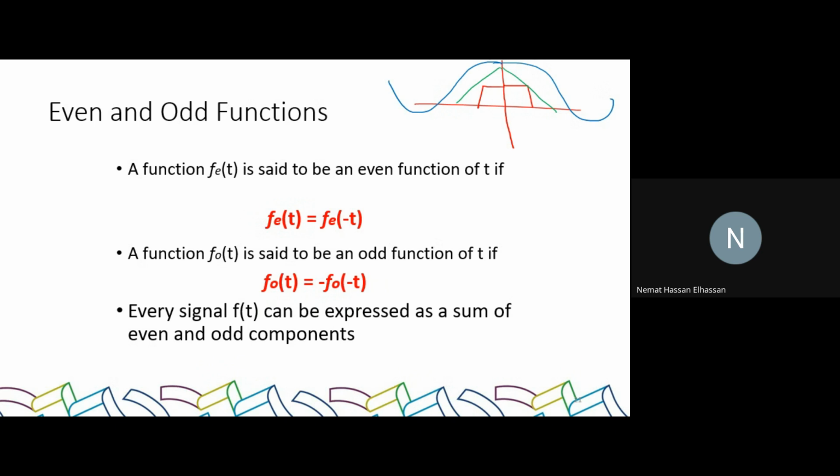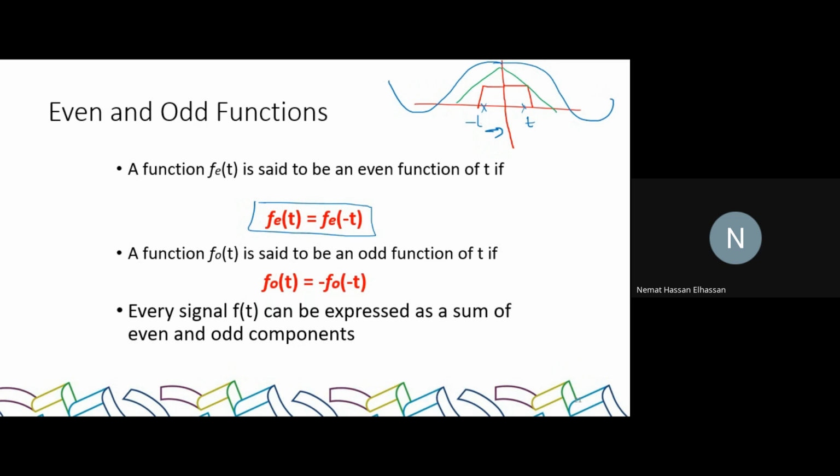Whatever is happening here is mirrored here. So if you treat this axis as a mirror, it's identical. F of t here is equal to f of negative t here. Make sense?